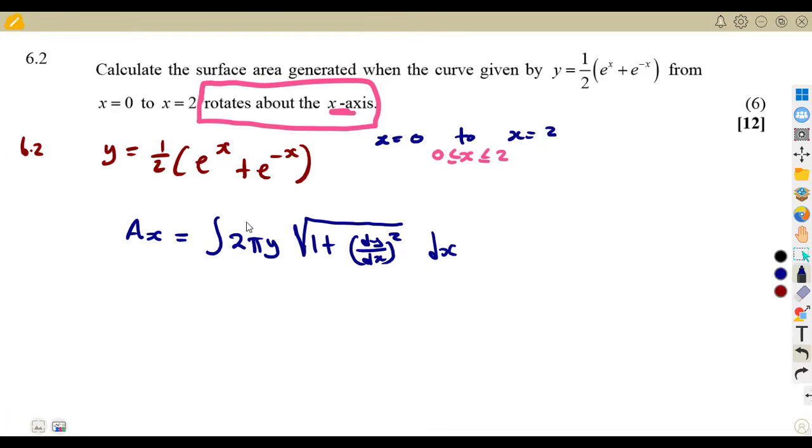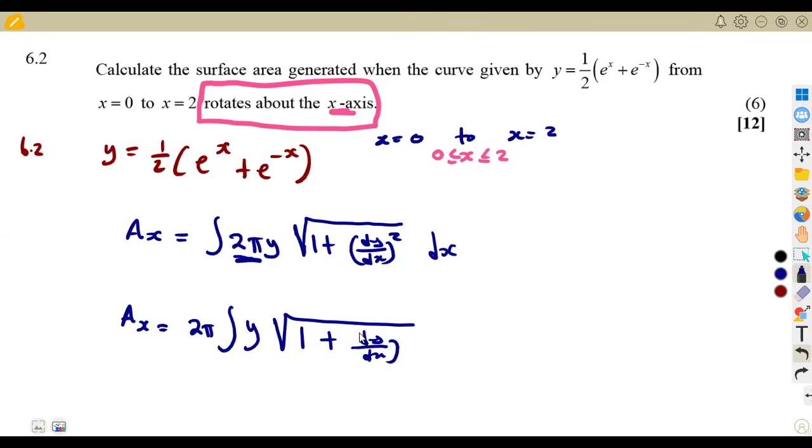So what does it mean here? 2 pi is a constant, so you can even take it out of the integral. So AX is equal to 2 pi, the integral of y, times the square root of 1 plus dy dx squared with respect to x.